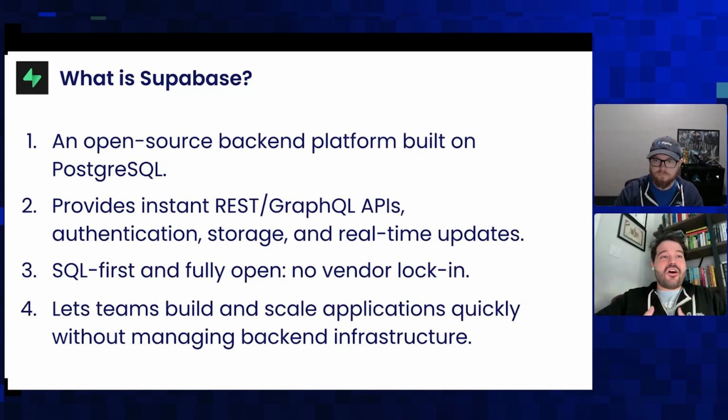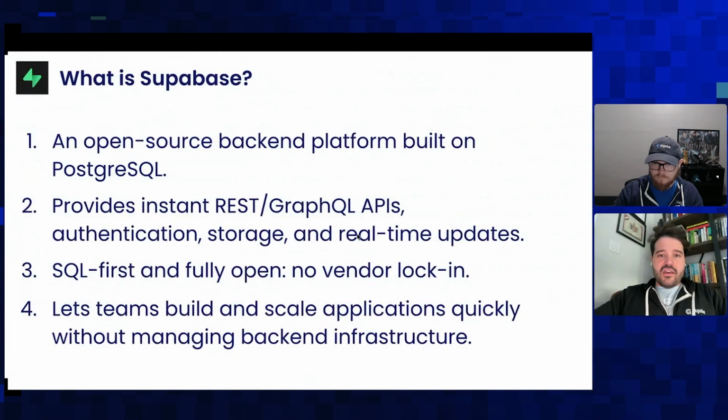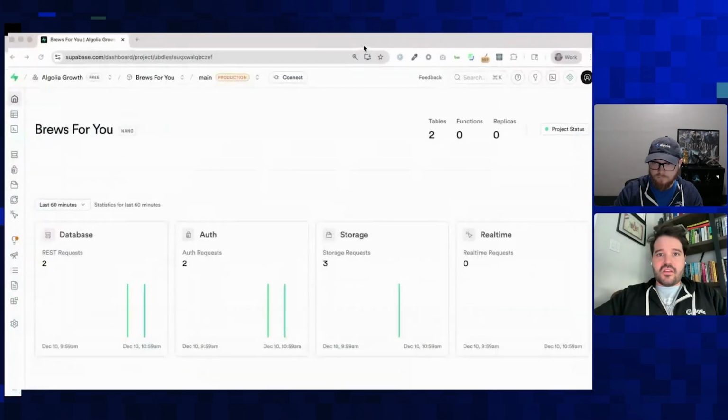There's no vendor lock-in. It's a really good platform. And remember, because Algolia isn't a database ourselves, we need a database to get the data and transform it to make it searchable and lightning fast into an index. So with that being said, let's jump into Supabase and look at the data.